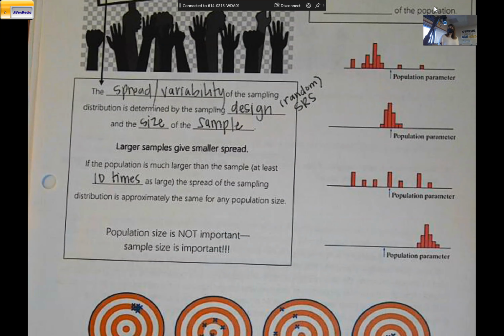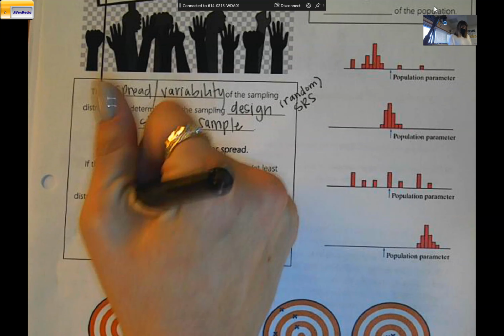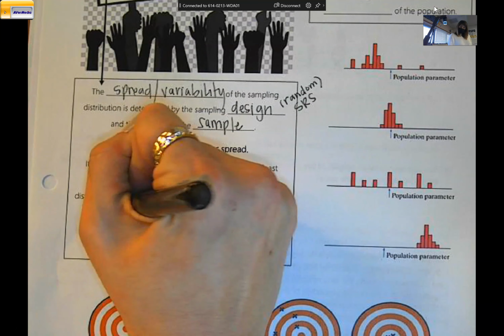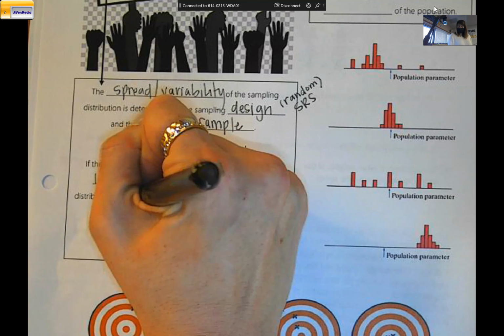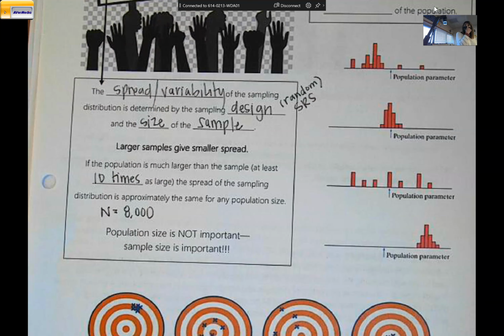So what they're saying is, let's say we have a population that is 8,000 individuals.